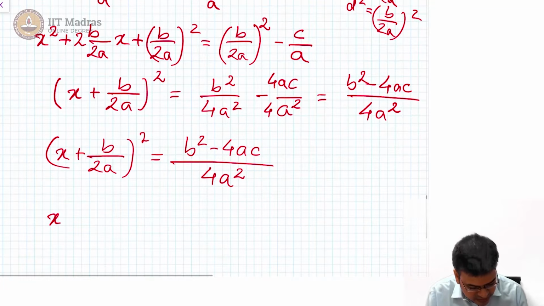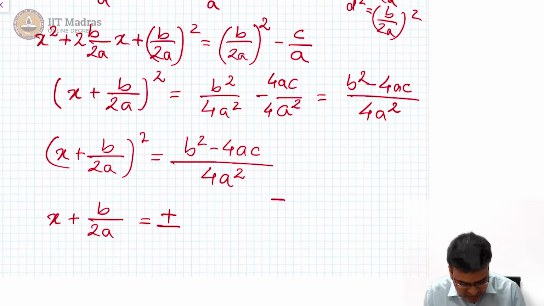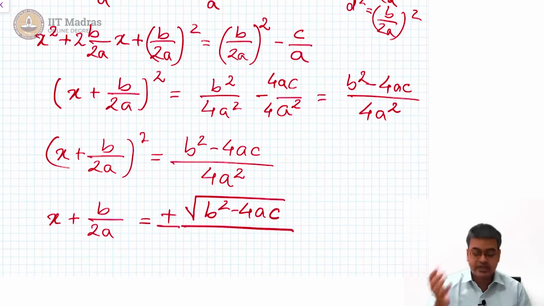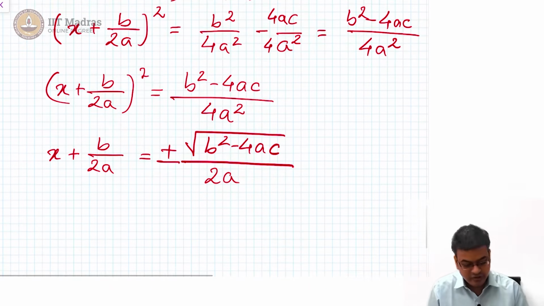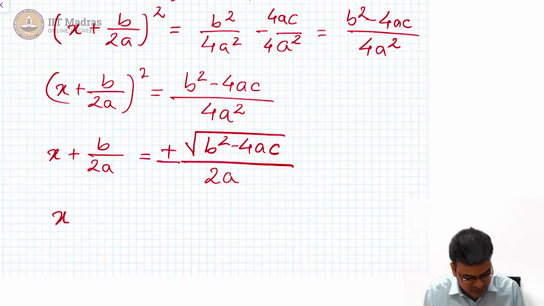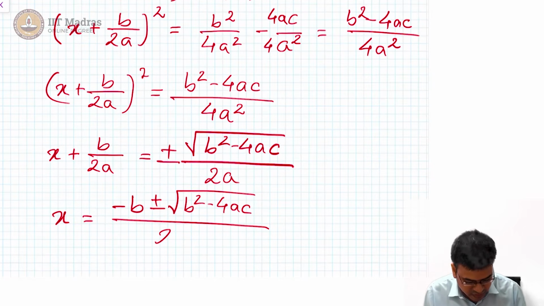This simply means x plus b by 2a is equal to plus or minus square root of b square minus 4ac upon square root of 4a square, which is 2a. Therefore, the solution is minus b plus or minus square root of b square minus 4ac, upon 2a.